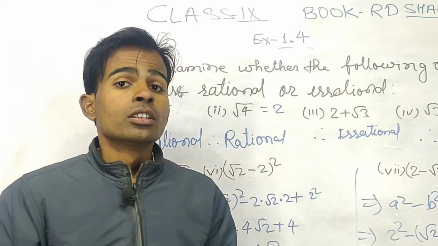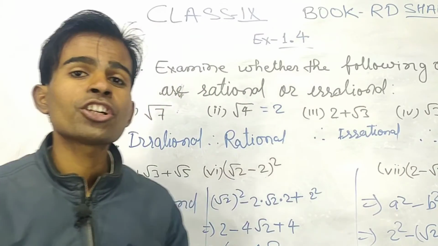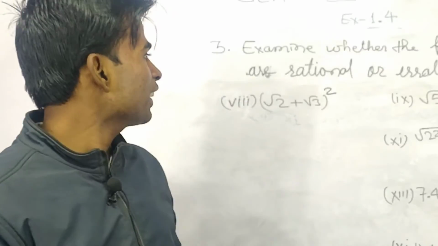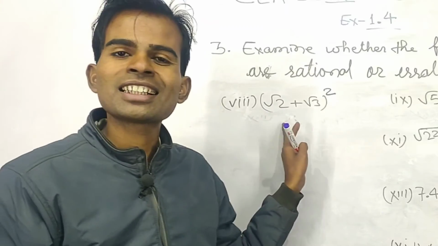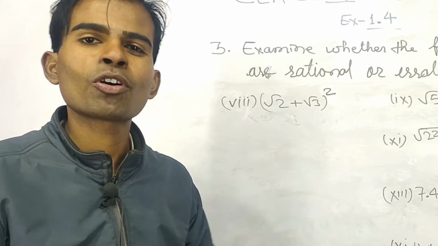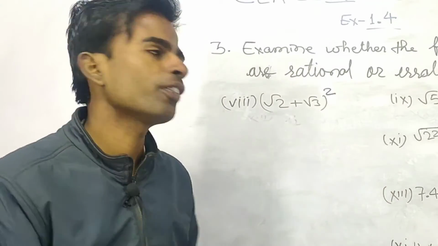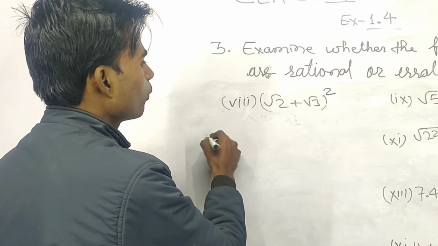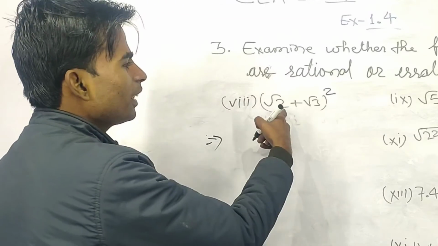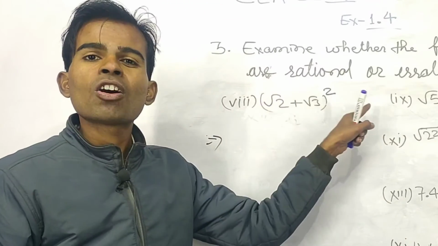Okay, let's go to the next question, that is question number 8. Question number 8 is (root 2 plus root 3) whole square. Is it rational or irrational? Of course, first we have to solve it. Just simplify it. It is written in the form of (a plus b) whole square.